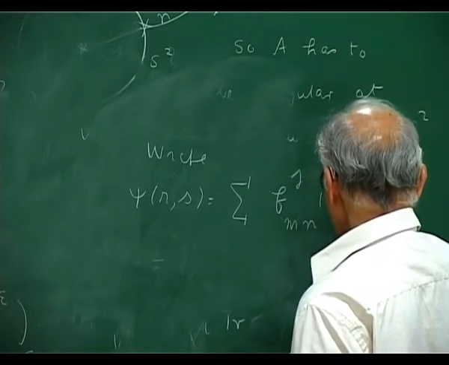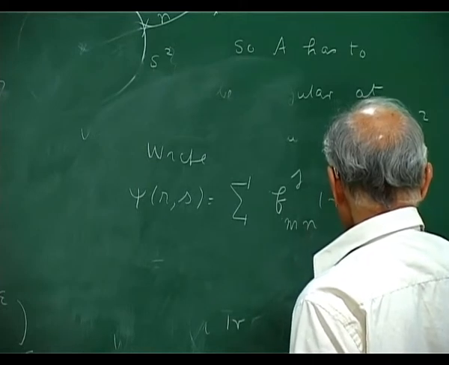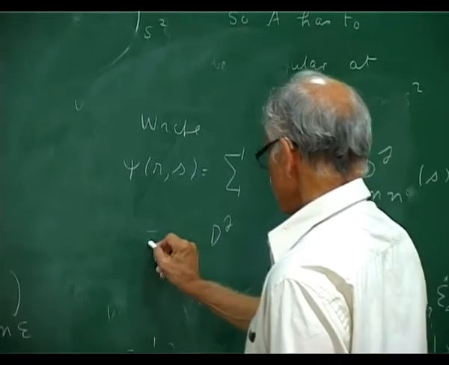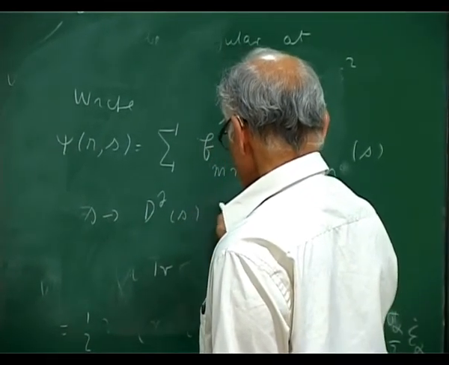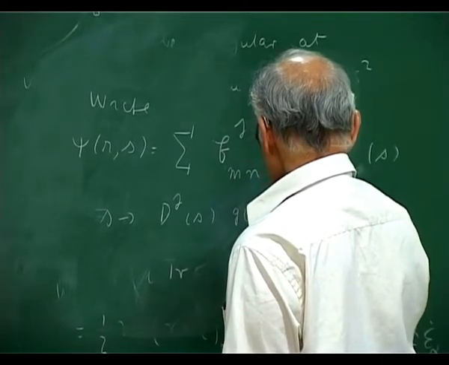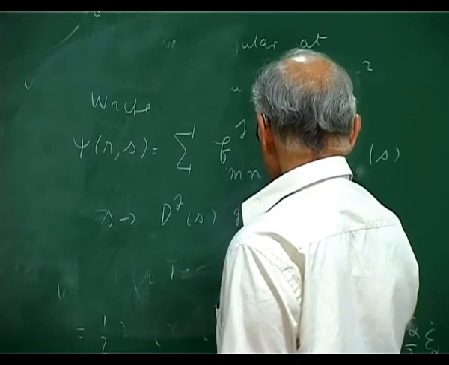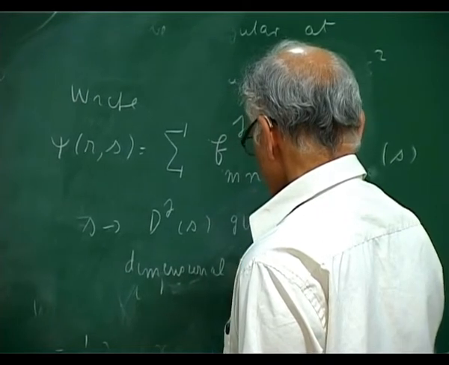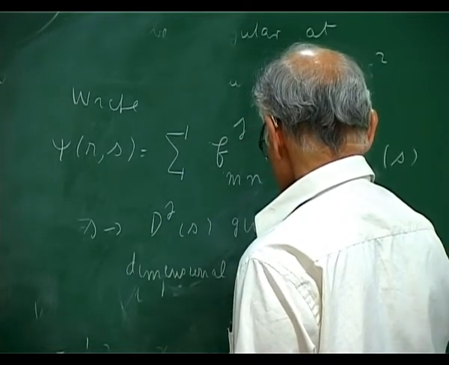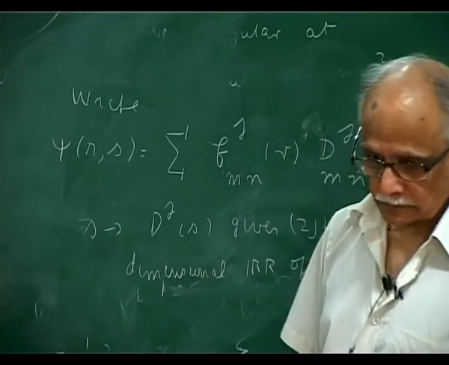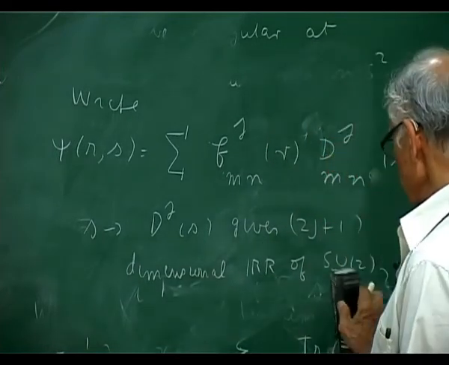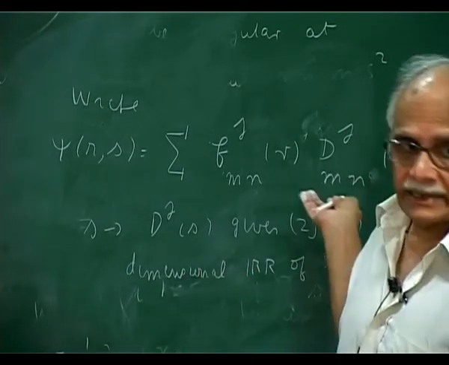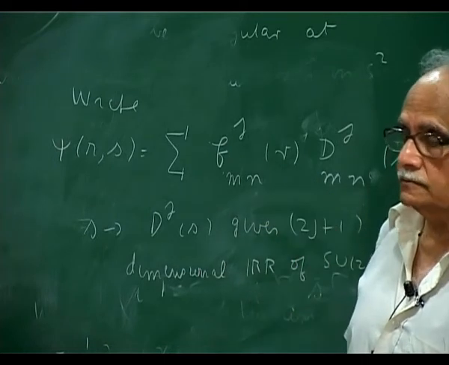These are functions of R times D^j_mn of S. These D^j give the 2j plus 1 dimensional irrep of SU(2), angular momentum j. This is the analog of the spherical Y_lm functions, but by the Peter-Weyl theorem, you can always do this.